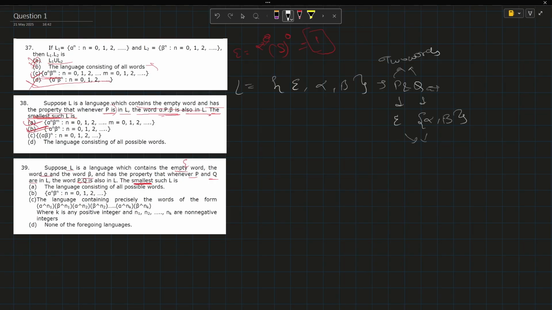Then the product of those is always in L, so we don't have to be concerned about this condition.